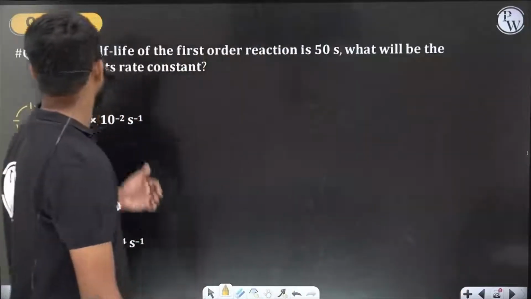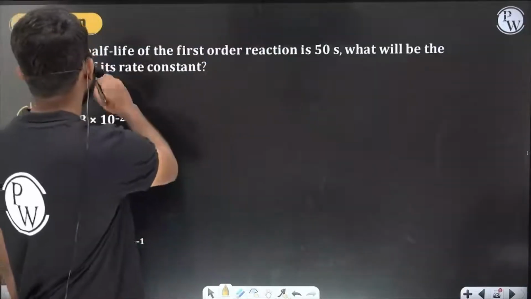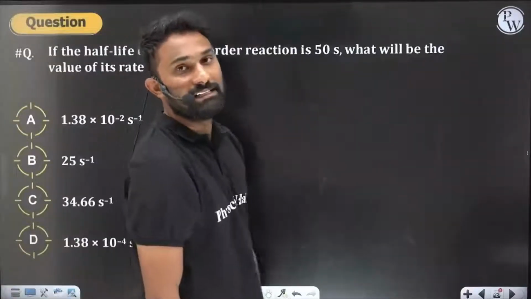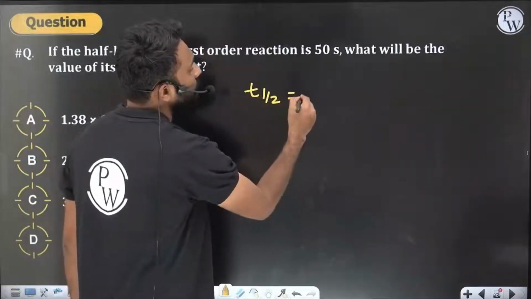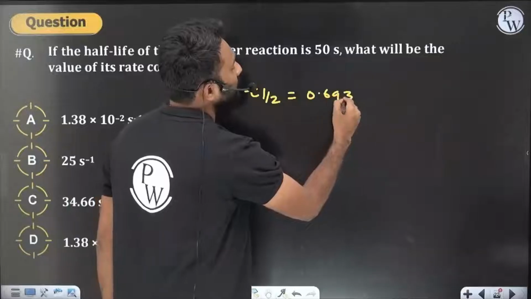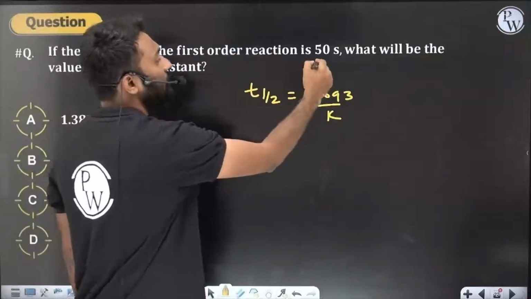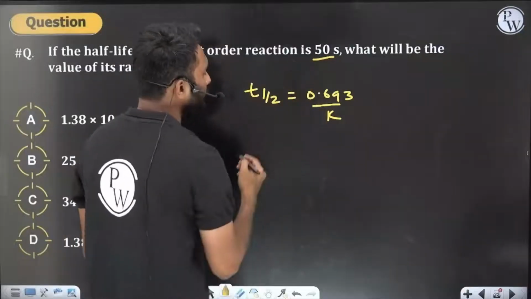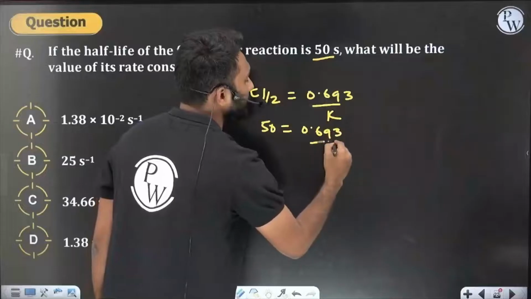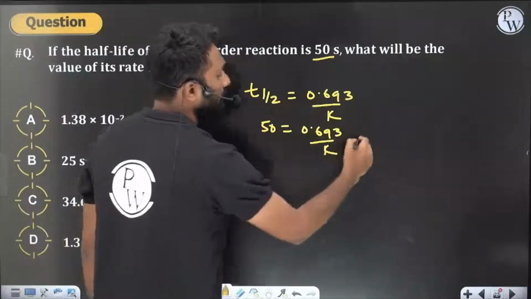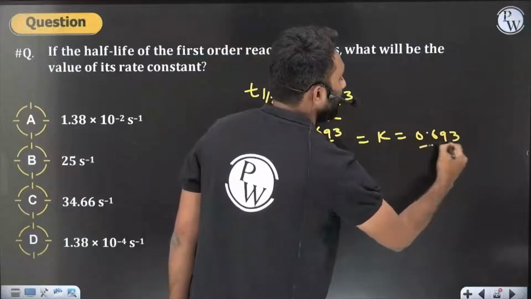Next. Now if the half-life of a first order reaction is 50 seconds, what will be the value of the rate constant? Now we know t half is equal to 0.693 by k. Now the half-life of the first order reaction is 50 seconds. Now t half, how much did they give? 50. So 0.693 by k. Now if you bring k to the left-hand side, 0.693 by 50.